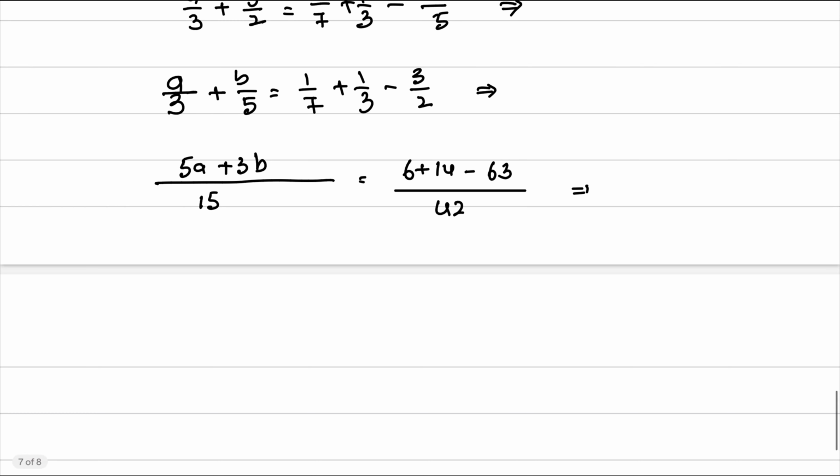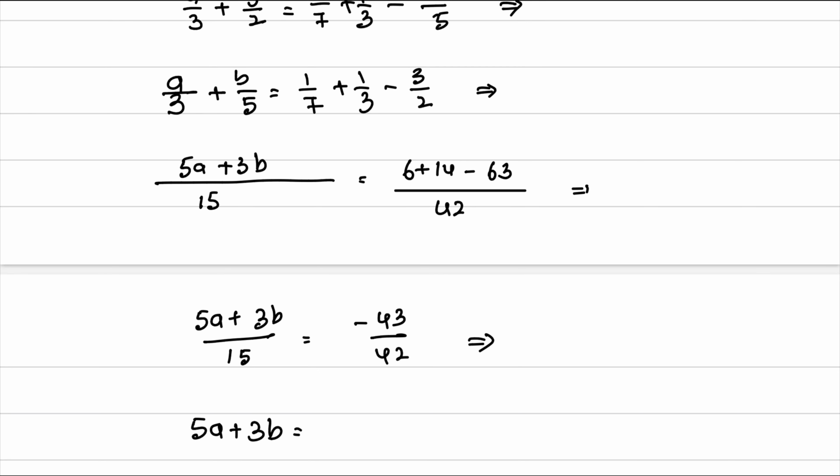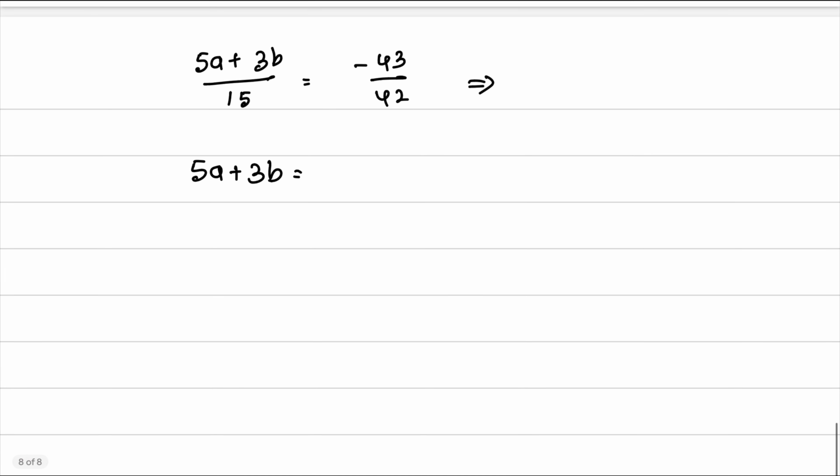That implies (5a plus 3b) by 15 is equal to 20 minus 63, which is minus 43 by 42. That implies 5a plus 3b is equal to minus 43 into 15 by 42.